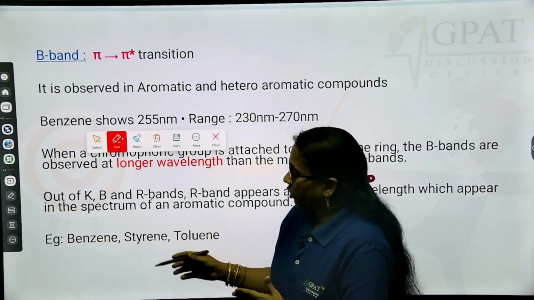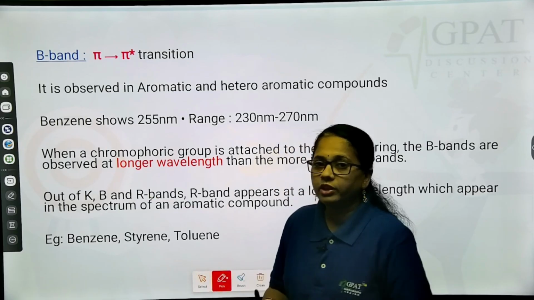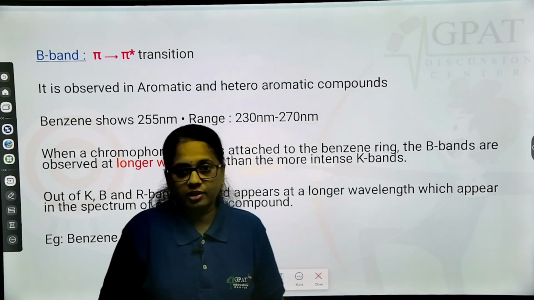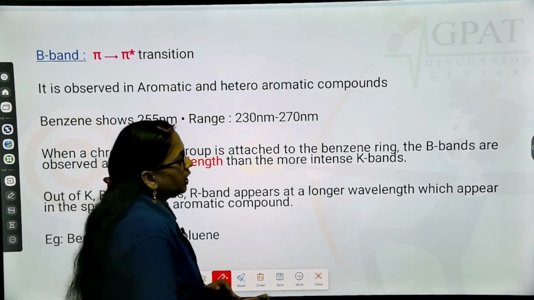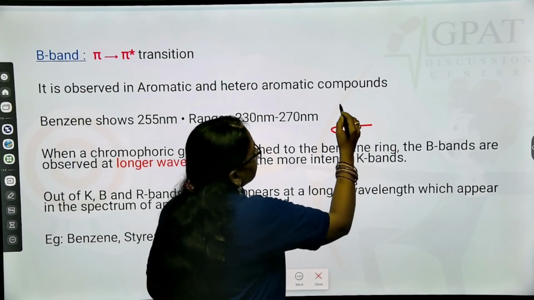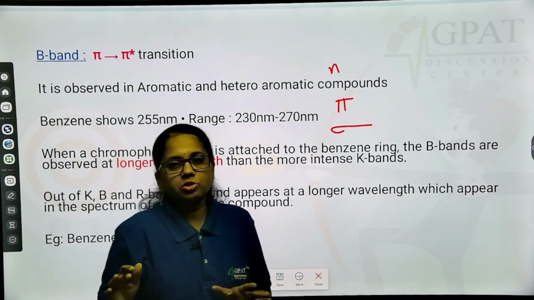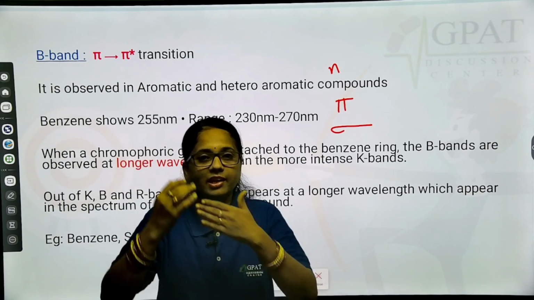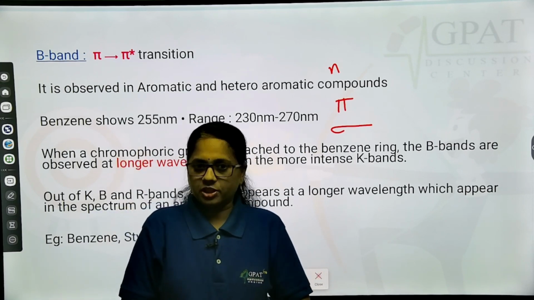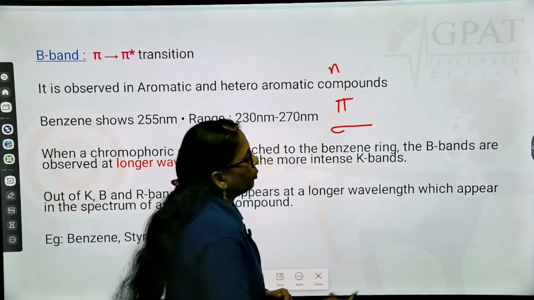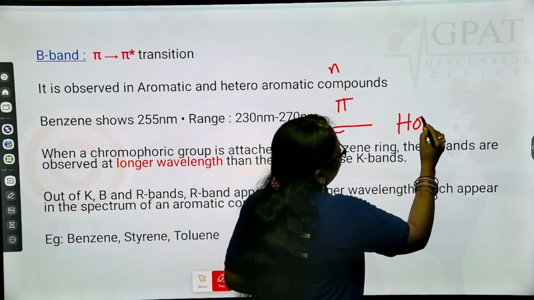So the electronic transitions involve these three types of electrons. Okay, according to the energy levels, these sigma, pi and n electrons, from the ground state they are excited to the excited state. Those are called anti-bonding orbitals. Okay, so HOMO state to the LUMO state.